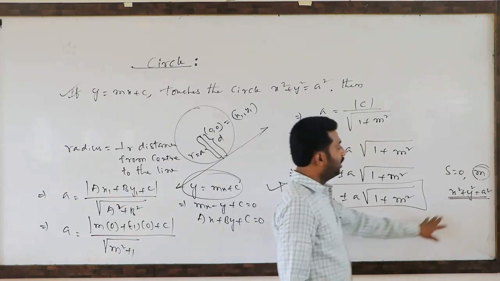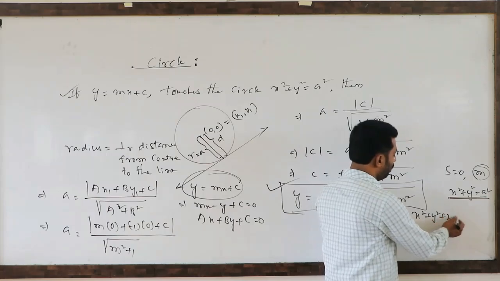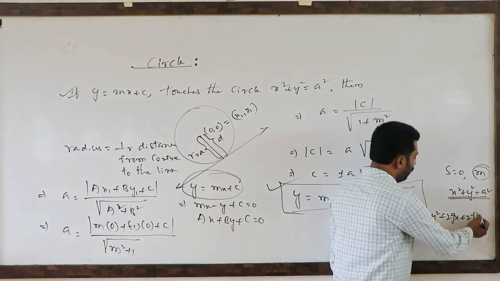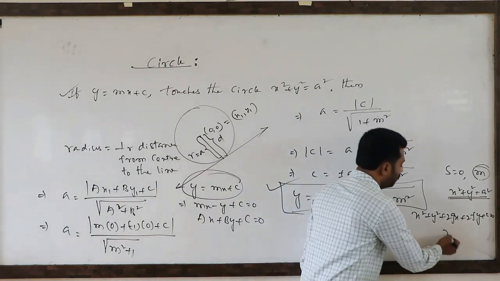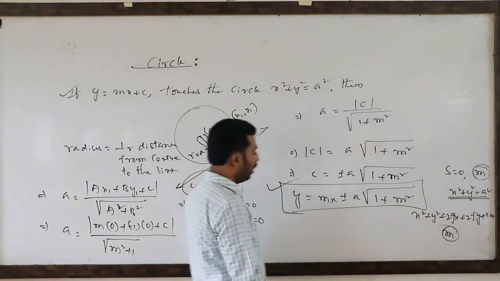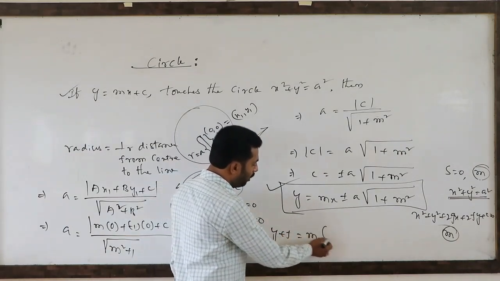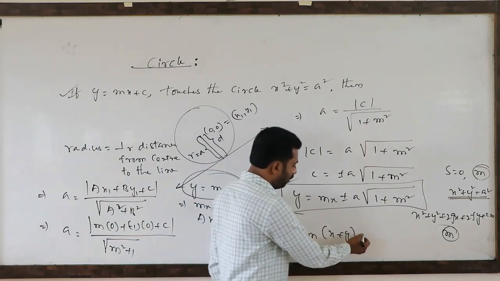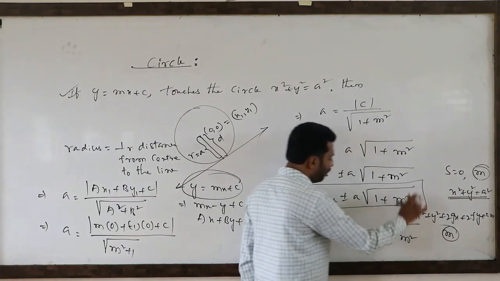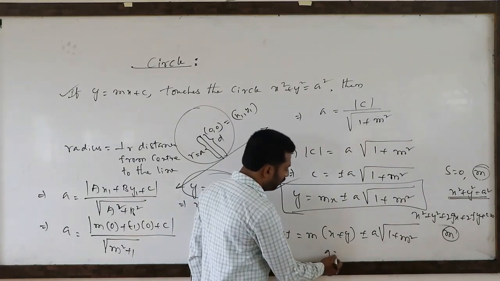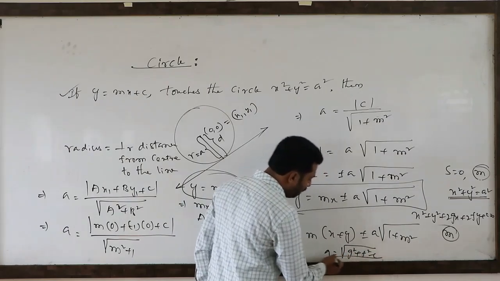Sir, other than this circle, if they give, for example, x square plus y square plus 2gx plus 2fy plus c equal to 0, and the slope of the tangent to the circle is given, then what is the equation of the tangent? It is nothing but y plus f is equal to m into x plus g, plus or minus a into root of 1 plus m square, where a is nothing but root of g square plus f square minus c.